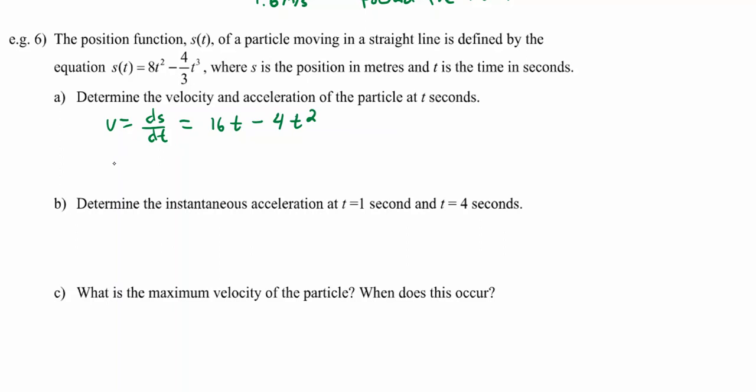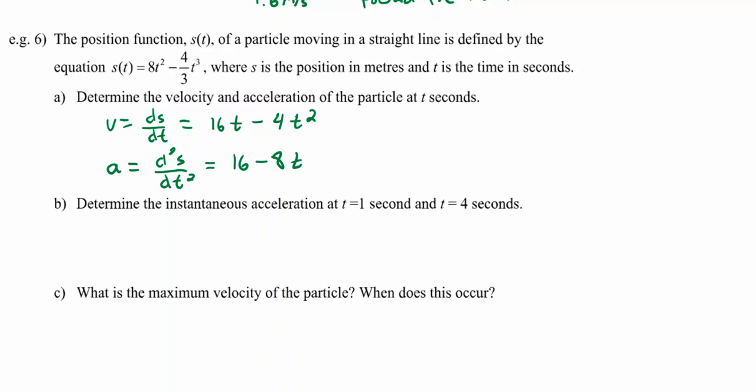And then the acceleration, which you could also say was d squared s over dt squared, is equal to just 16 minus 8t.